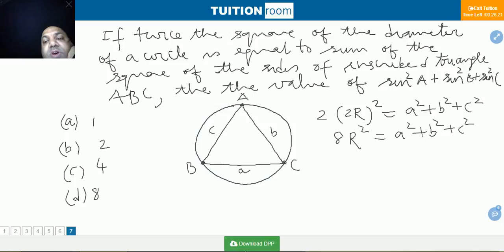A upon sine A is 2r, which means a will be 2r sine A. Put here 8r square.